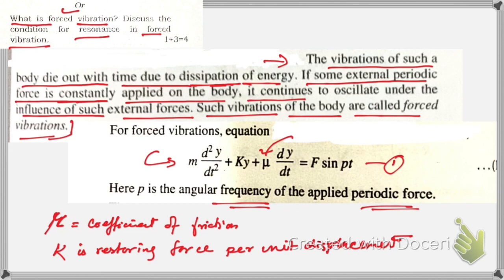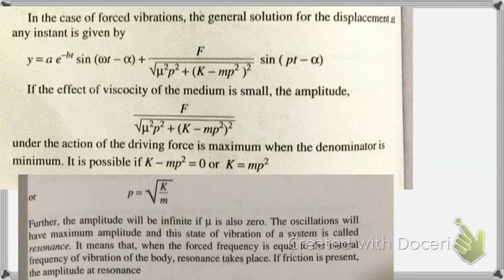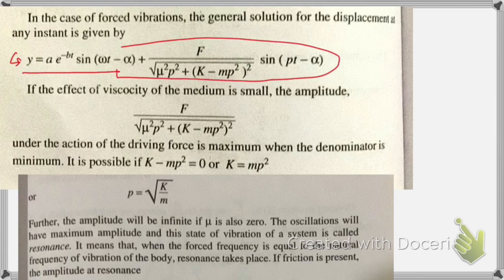Now let's move on to the next slide. Here you see the solution of this. If you solve this equation for y, you will get the displacement. Then the displacement is given by this, so this is the solution of that equation number 1. How to solve this one is not required here, that is not our concern.